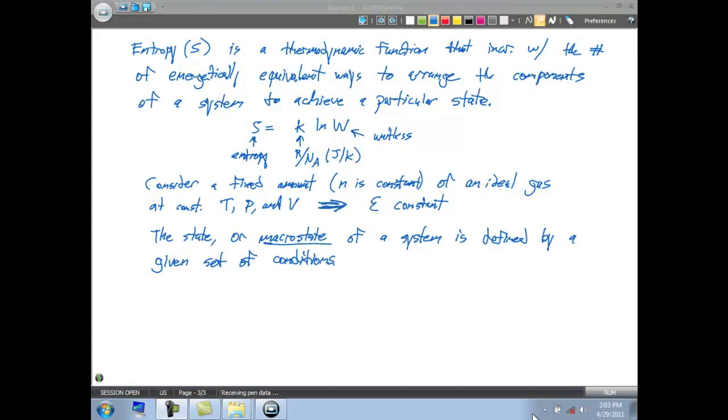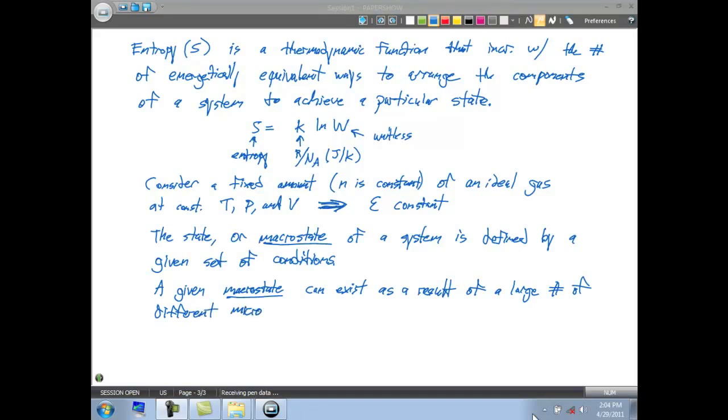From all those molecules that we showed, which we would call a macro state, we can have different, what we call microstates. So a given macro state can exist as a result of a large number of different microstates.